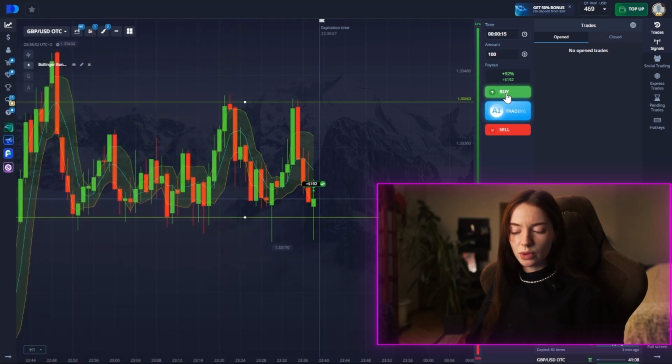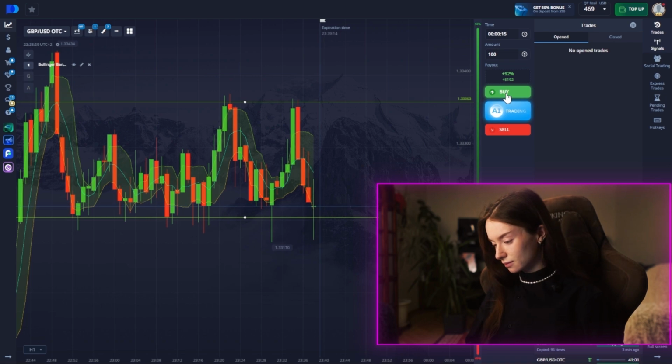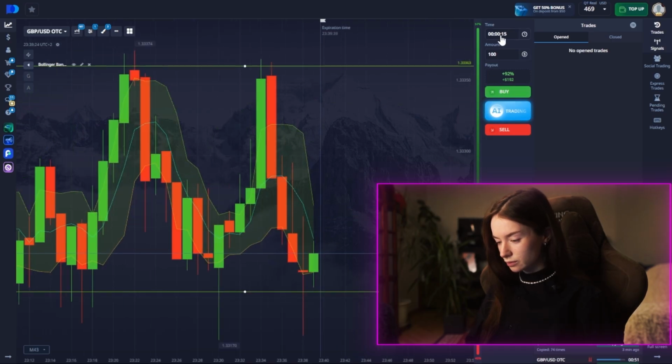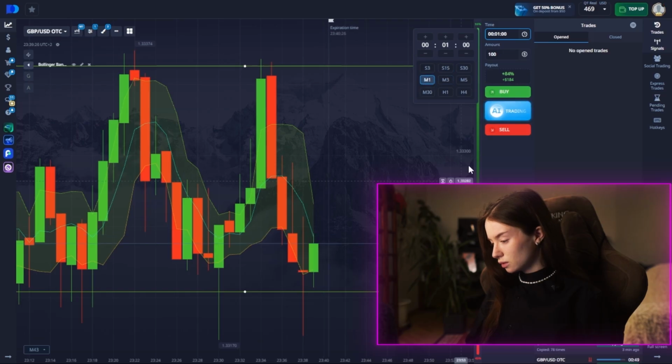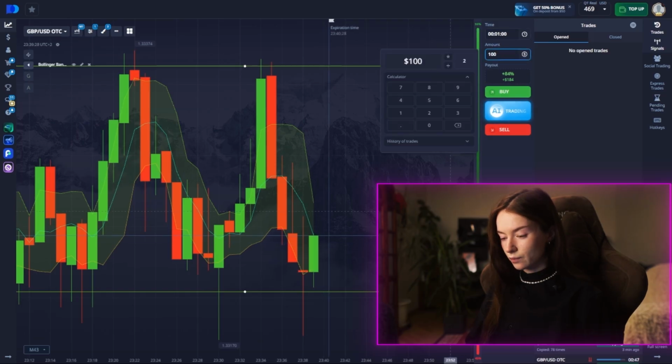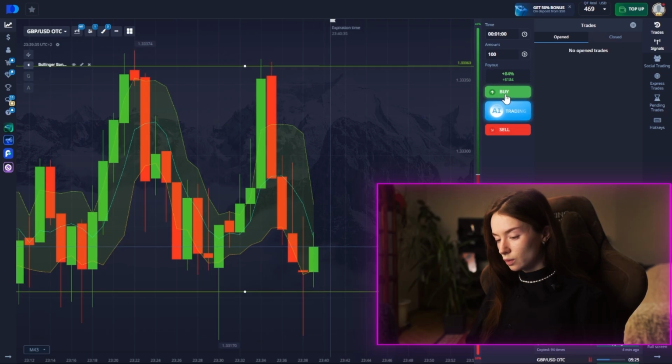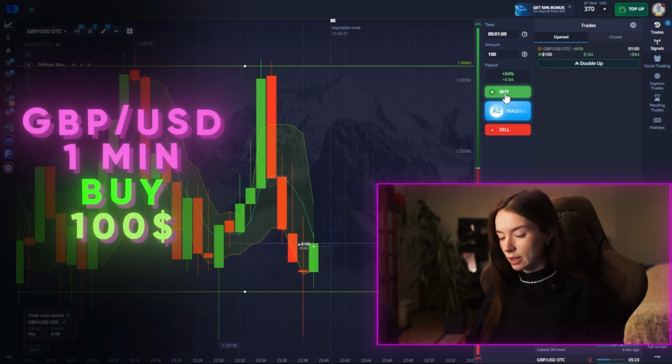I think I'll open one more 1-minute order and we'll reach today's goal. I set 1 minute, 100. I wait for a small dip in this candle and then enter. We enter a buy as it touches the band.